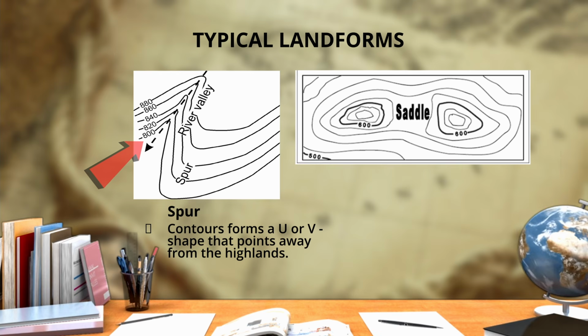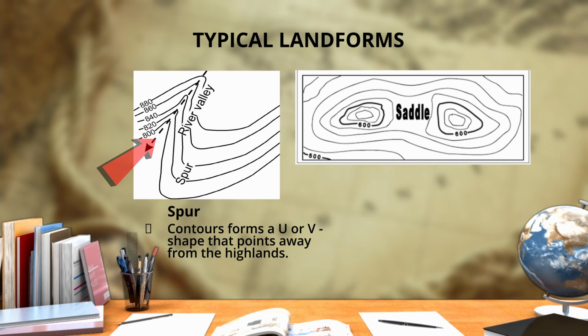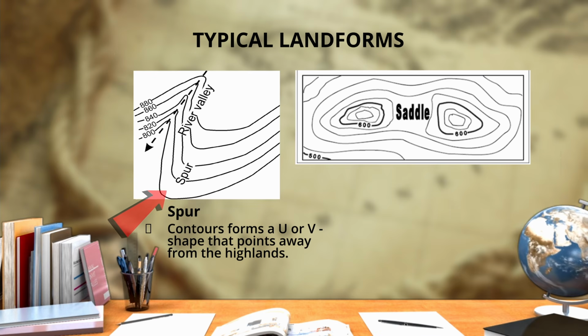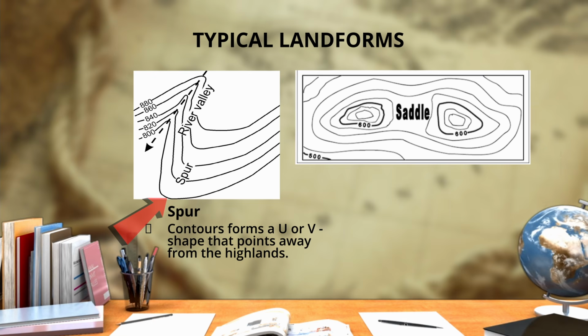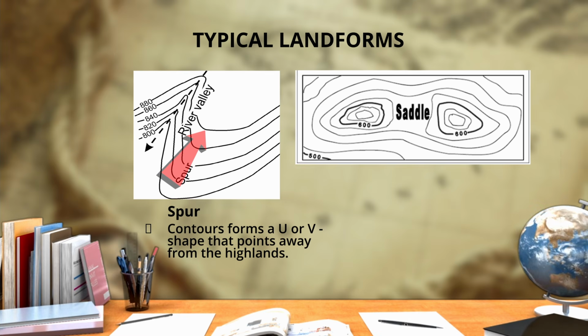But if you move along with that 800 toward the bend, the V shape on the right, you can see that the 800 tends to be outside the V, and the 880 tends to be inside the V shape, forming our spur.